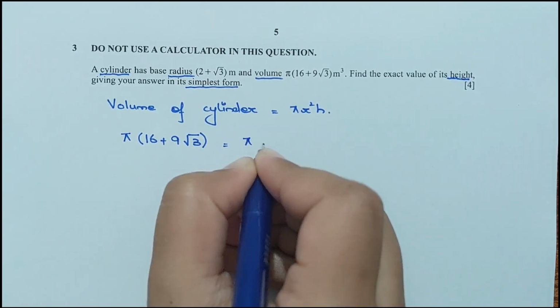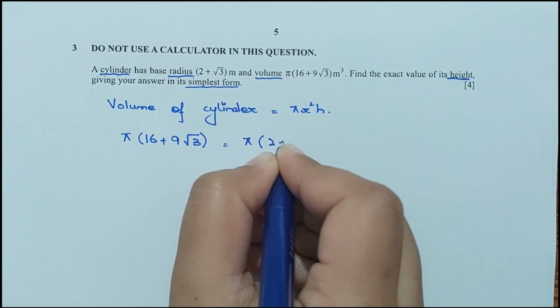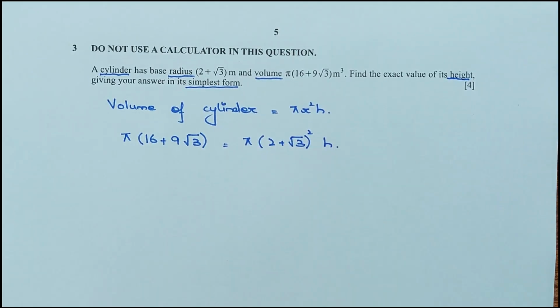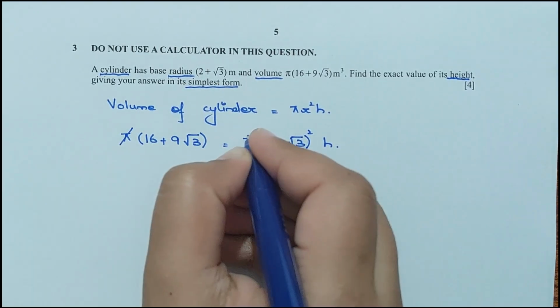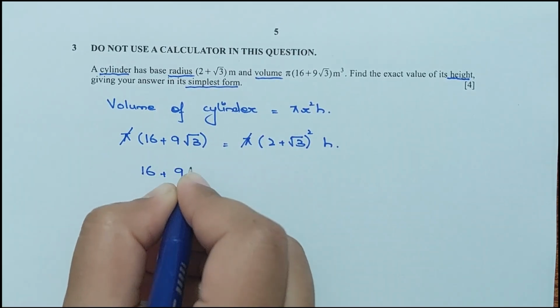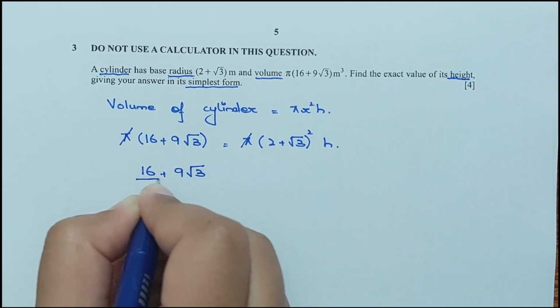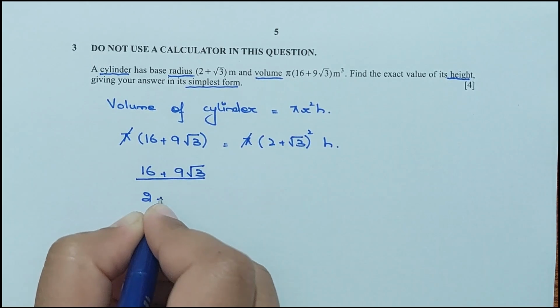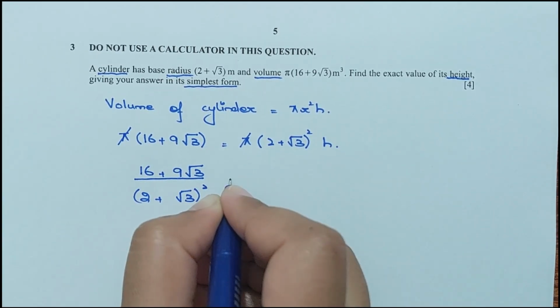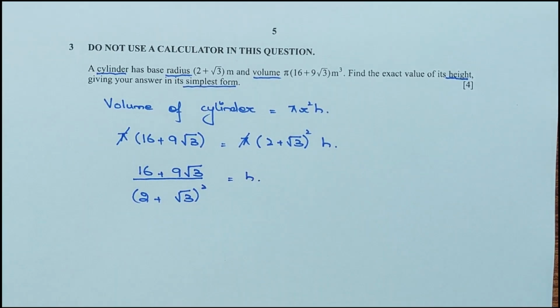This is equal to pi, the radius is (2 plus root 3) whole squared, times height. We have to solve for height. Cancel the pi with pi. So (16 plus 9 root 3) over (2 plus root 3) whole squared is equal to the height, right?